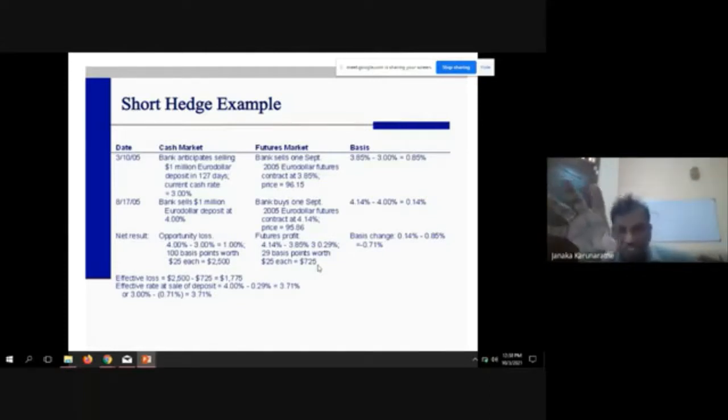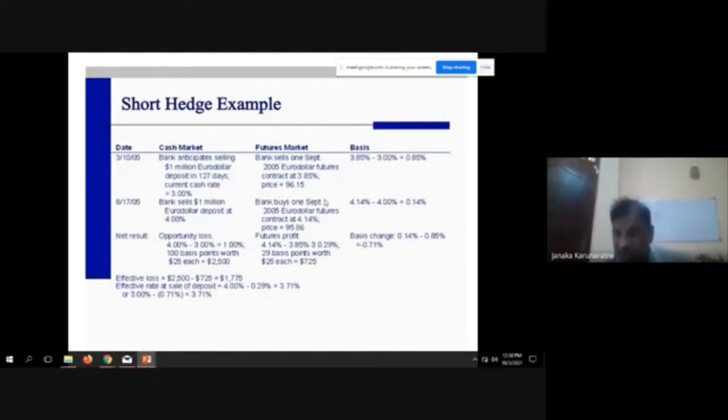So if I put it this way, if you haven't hedged in the futures market, what would be the opportunity loss to you on this whole transaction? You don't have any futures market, simply only the cash market.